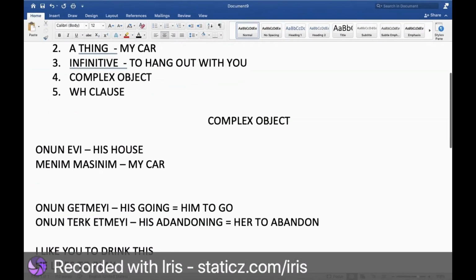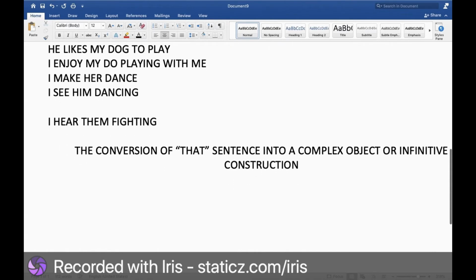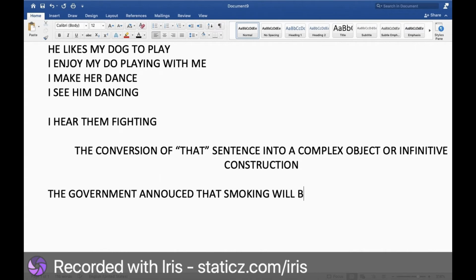So also the sentences with that are objects of the sentence, but they're not different. Either they are an infinitive construction or a complex object. For example, the government announced that smoking has been banned, right?